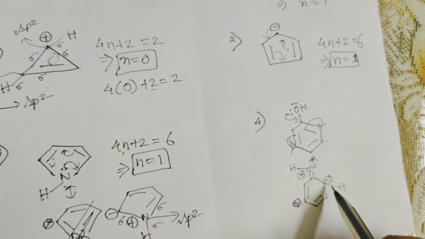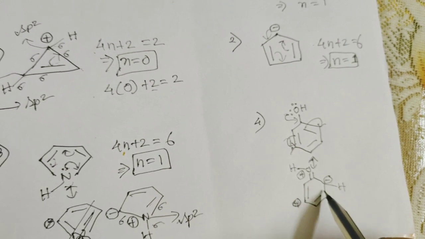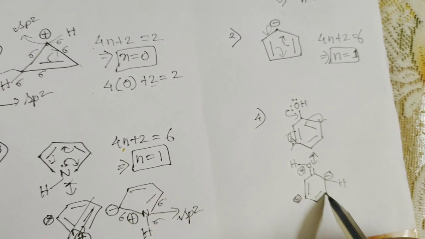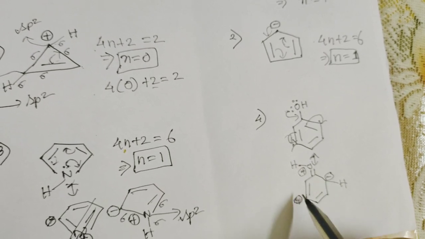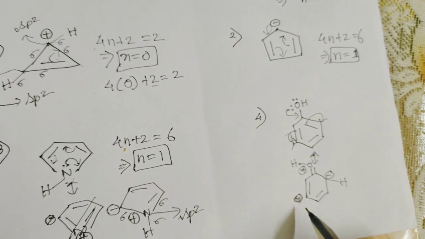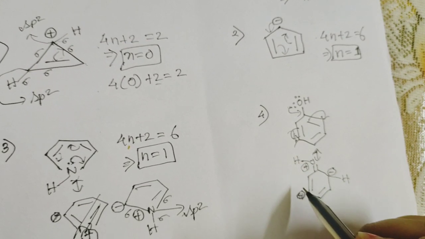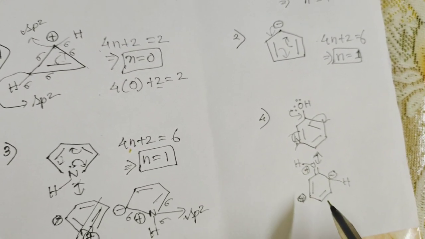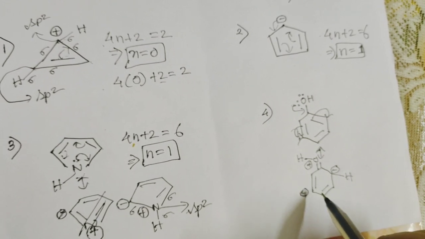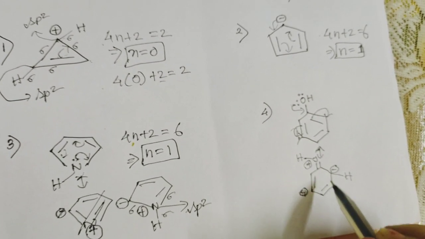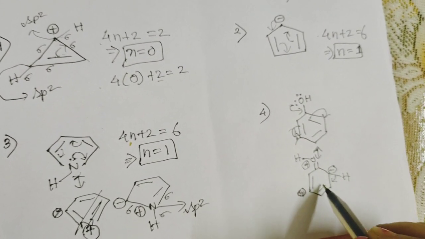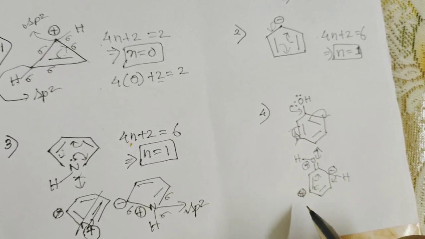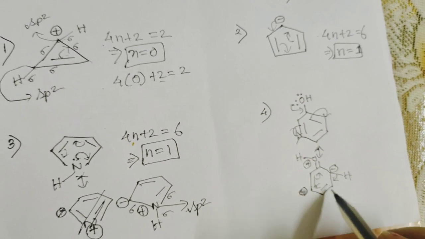Here there is hydrogen, so 1 2 3 sigma bonds, and all these carbon atoms are sp2 hybridized. This ring is cyclic, and since all these carbons are sp2 hybridized, and there is also conjugation present, sp2 hybridized means the ring is planar. You have to see the ring is planar.